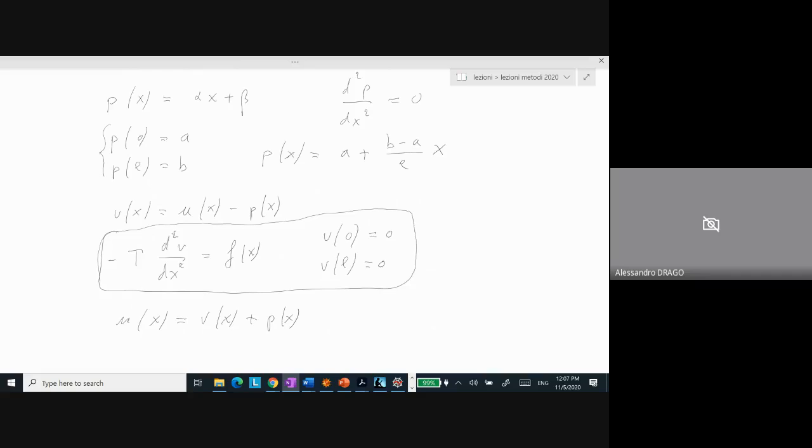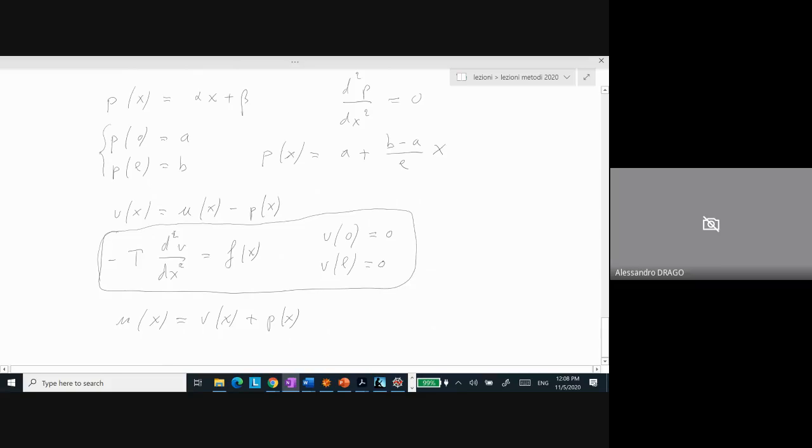What really matters is that we use as a basis the eigenfunctions obtained by imposing the same boundary conditions of the original problem, meaning that the solution that we are building through this expansion satisfies exactly the same boundary conditions as the eigenfunctions.